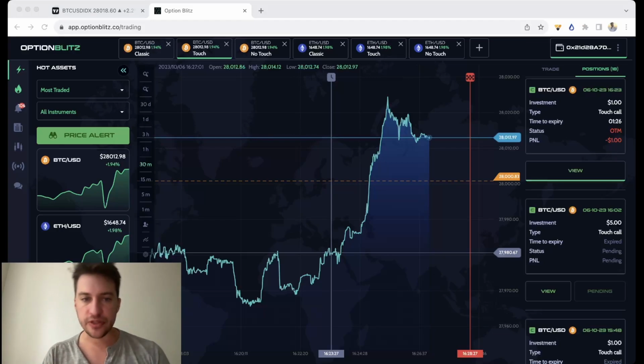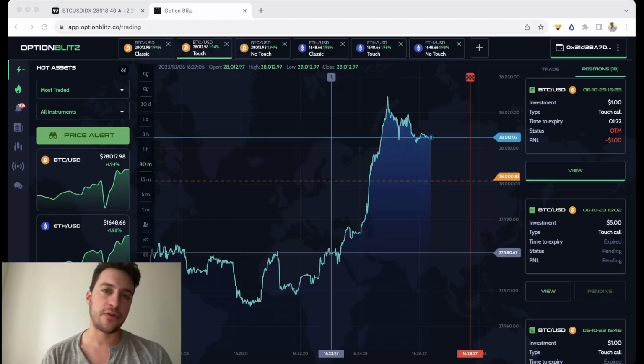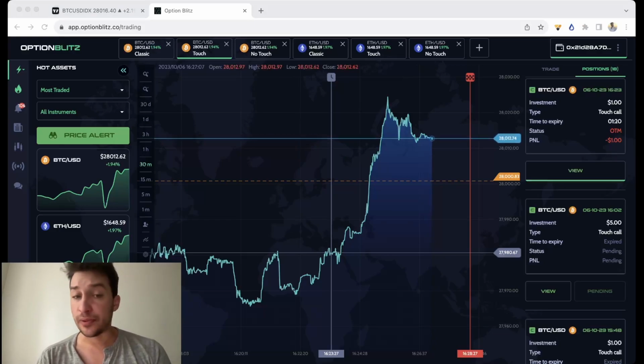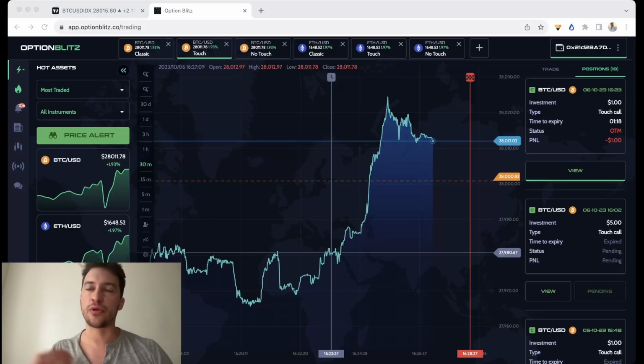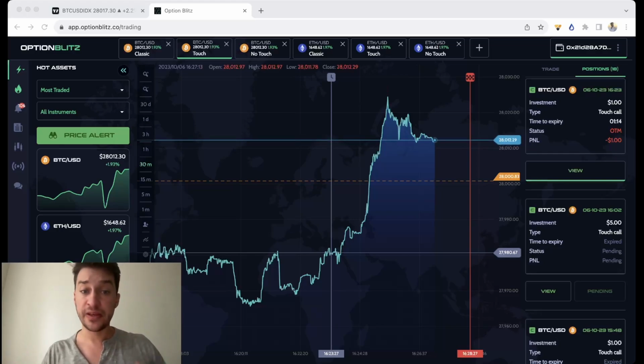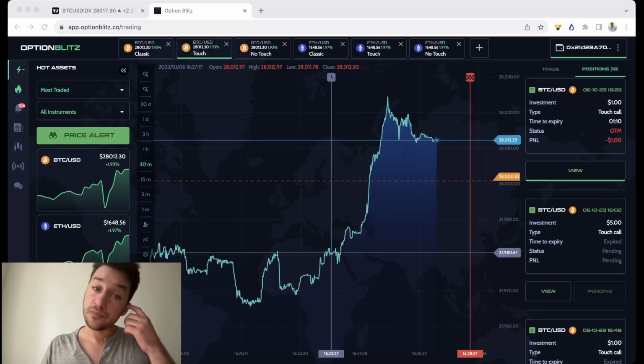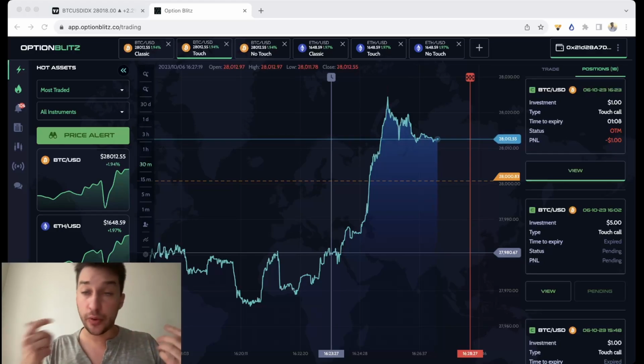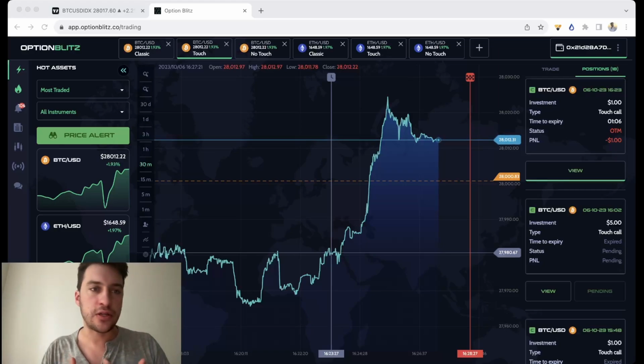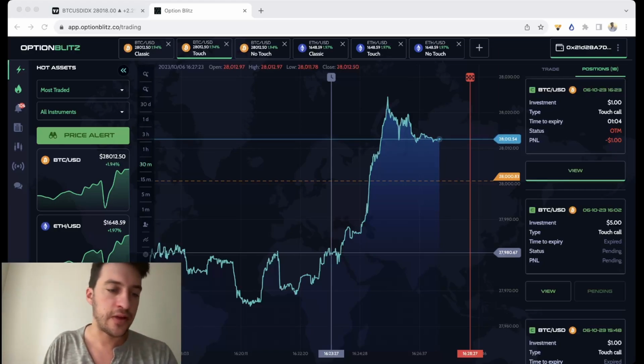And that gives it a lot more safety. That is a reason why I like this platform a lot more than centralized platforms, where you'd have to deposit, then pray that it's not a scam or something. This is something that once you get into a trade, it's locked in. So for better or worse, you're either going to make money or lose money, and then you can do whatever you want with that wallet.